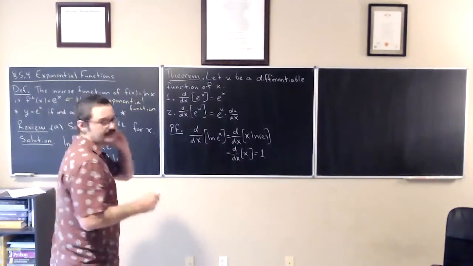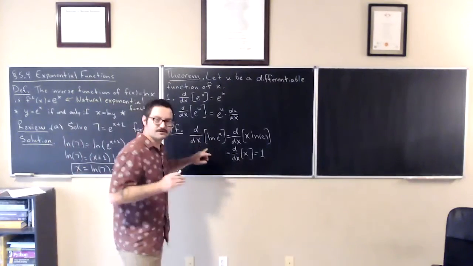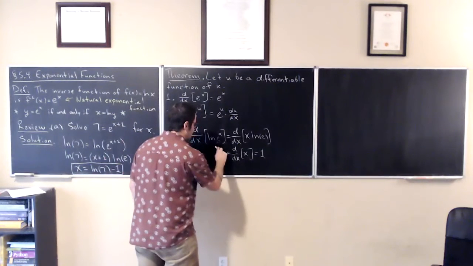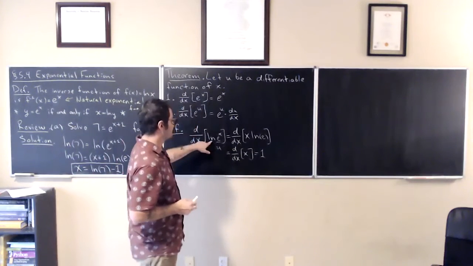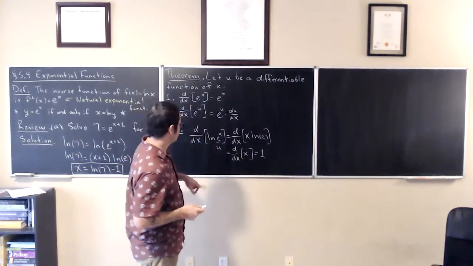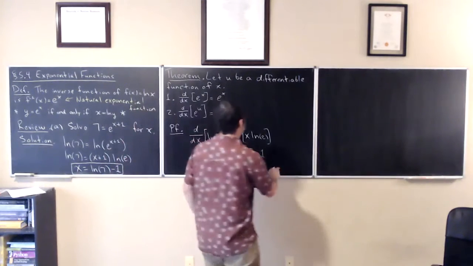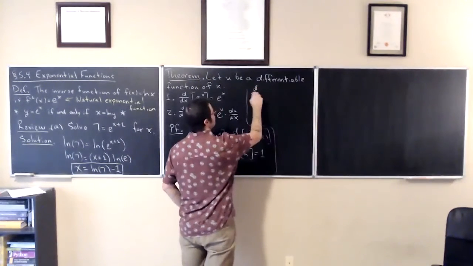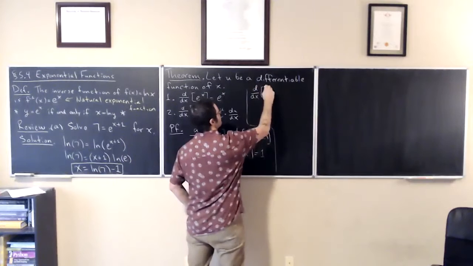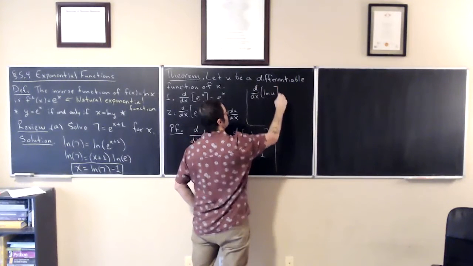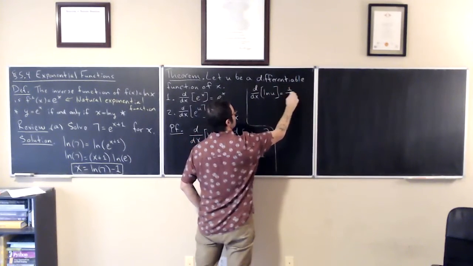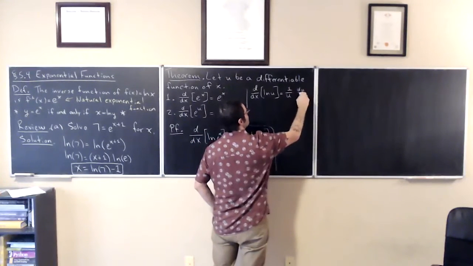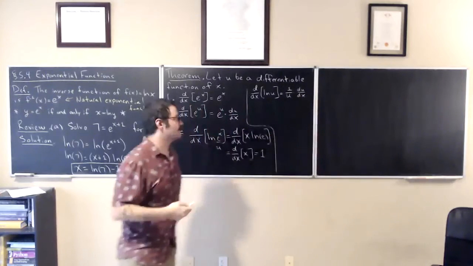Okay. Oh, I see it now. We know how to take the derivatives of natural logarithms, right? So like this right here, that's like u, natural log of u. I'm kind of going on a tangent right here, but we know that d dx of natural log of u is equal to 1 over u times du dx. We use that quite a bit.